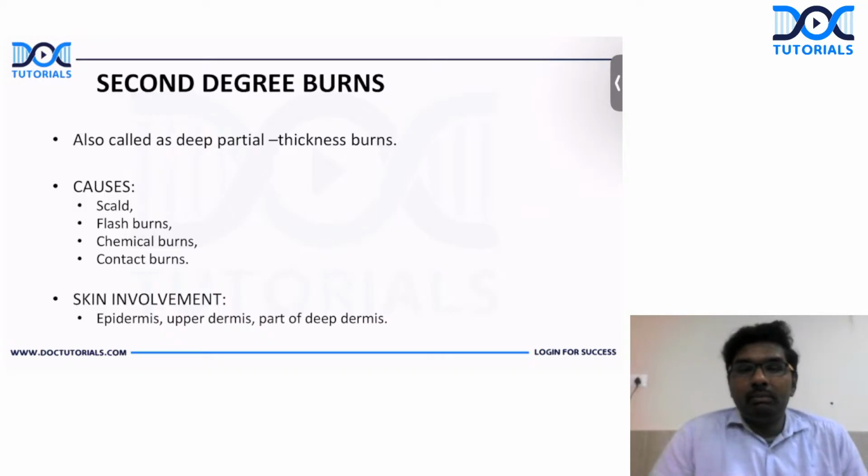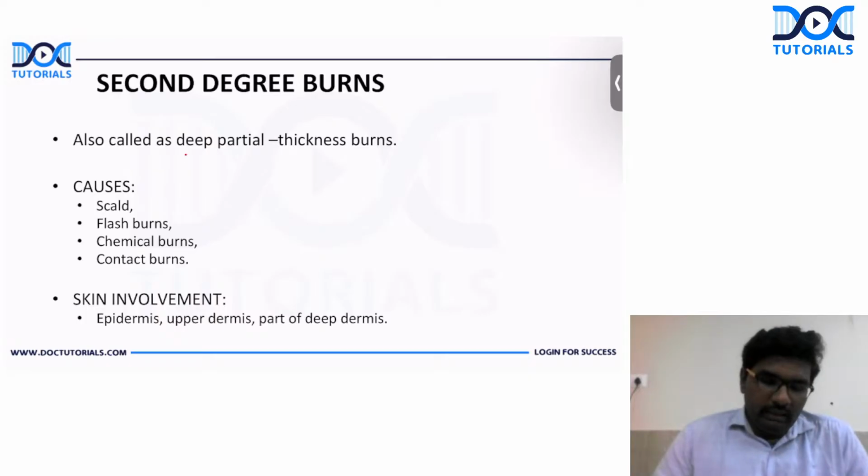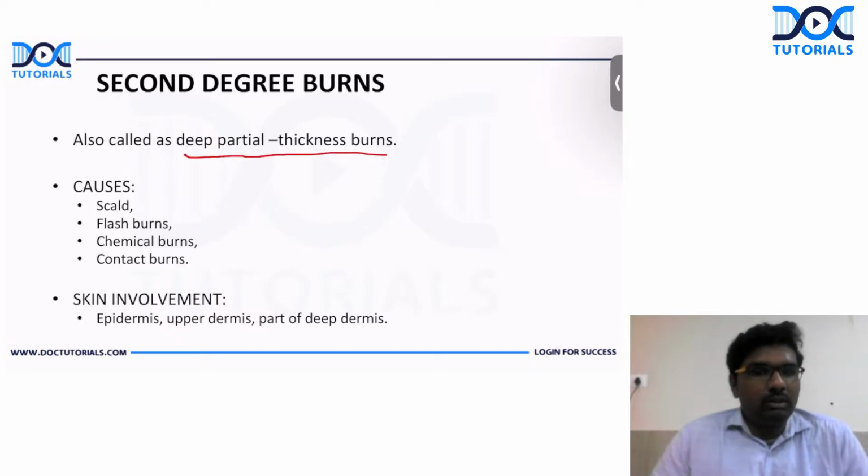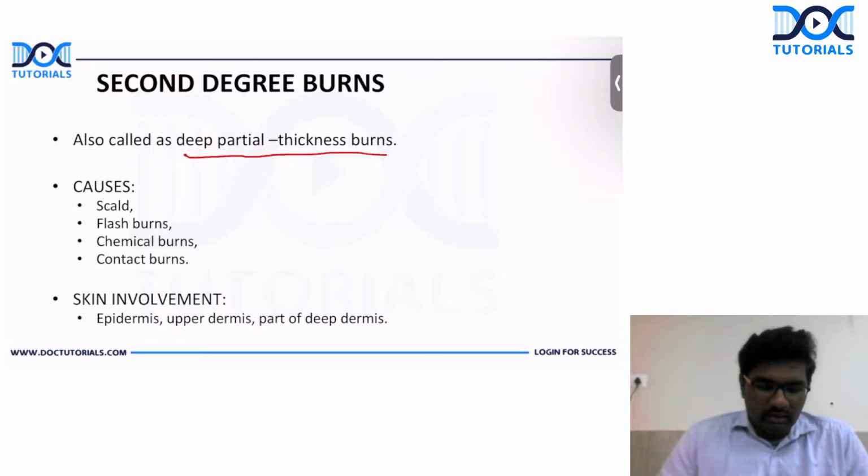Coming to the second degree burns, these are also called deep partial thickness burns. This second degree burn is commonly caused by scald injuries, on exposure to hot liquids or vapor.